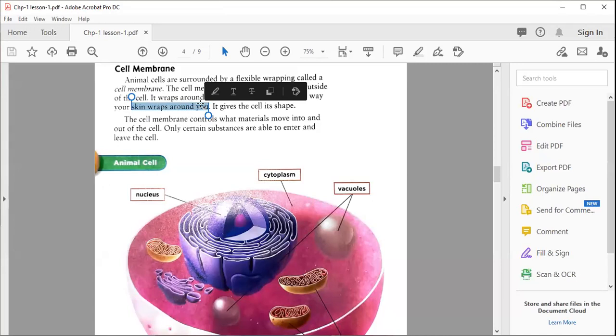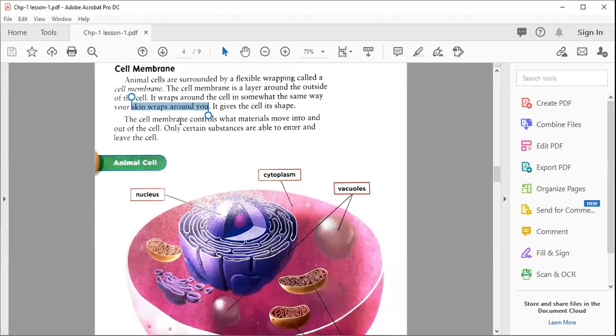If there is any scratch or cut, blood comes out and you start bleeding. In the same way, if the cell membrane is ruptured anywhere, the cell will be damaged. It gives the cell its shape. This membrane gives shape to the cell.